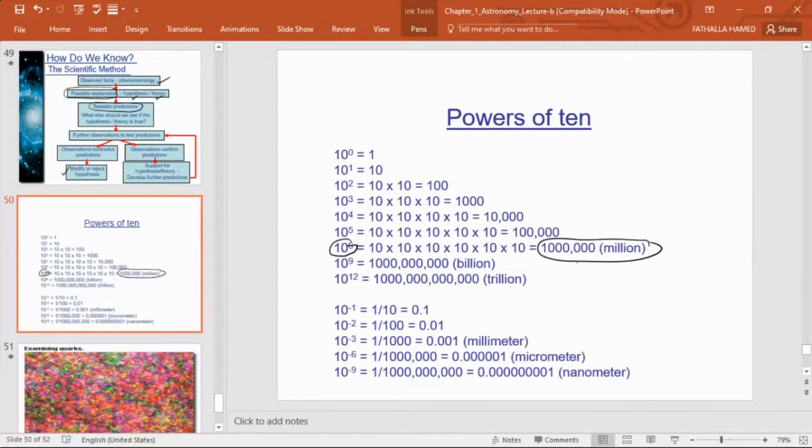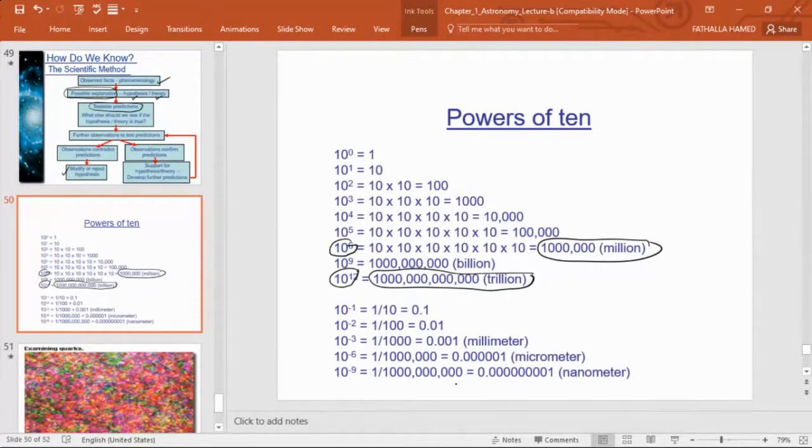It makes it easier for me to write this big number. Again, if you're looking at a trillion, for example, look how big the number is to write, but you can write it as 10 to the 12, and that saves you time in counting zeros and so on. So this is what we call scientific notation.